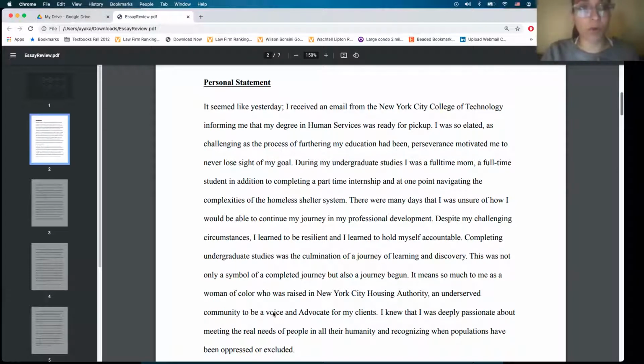For example, even word choice, there are conjunctions in here. "Residents shouldn't" could be changed to "should not," which actually changes the number of syllables and slows the reader down. There are other word choices at the very beginning of the essay where it says, "I was so elated."